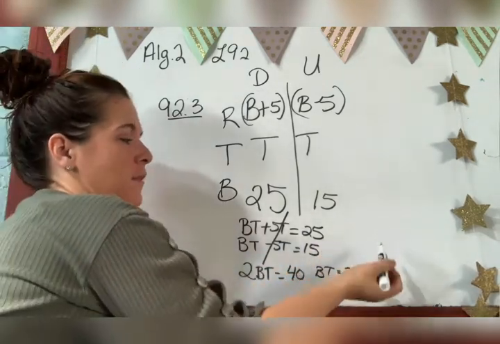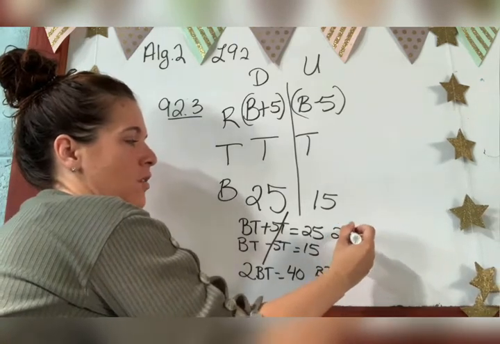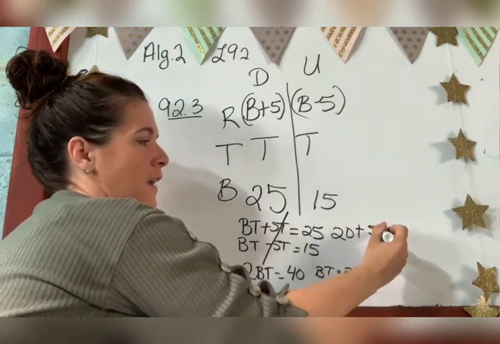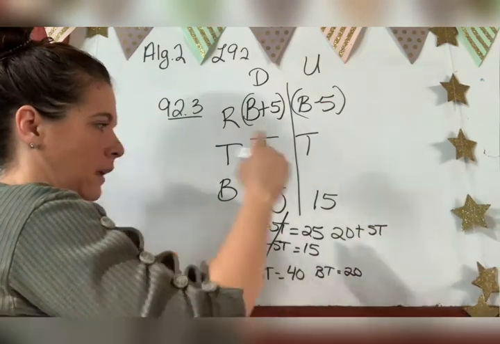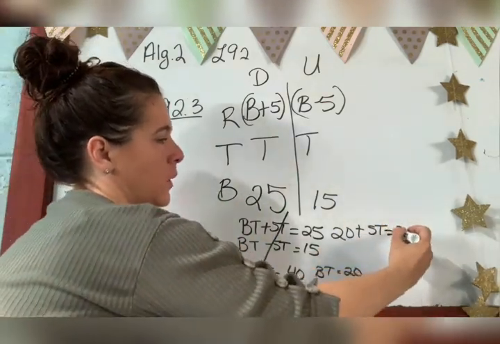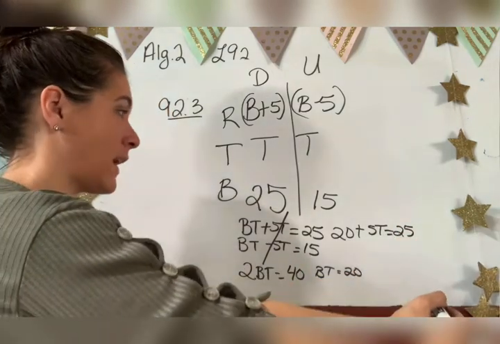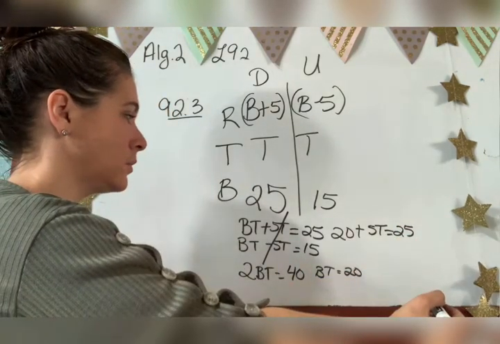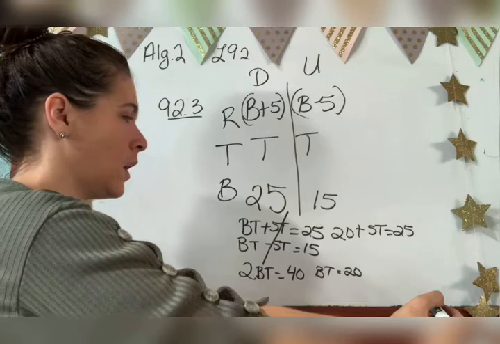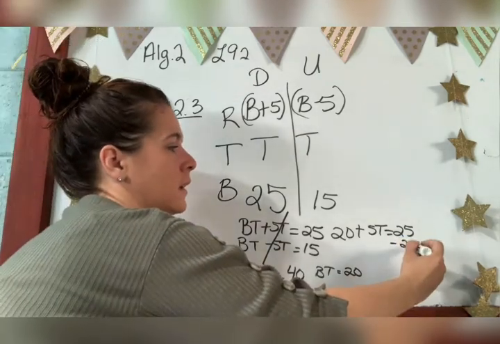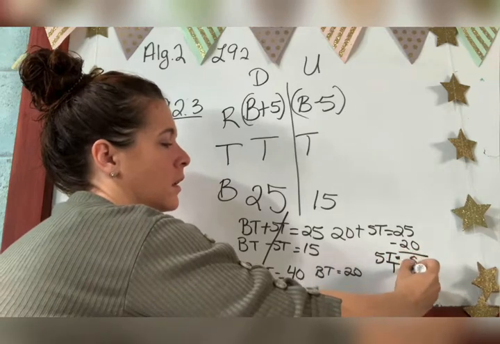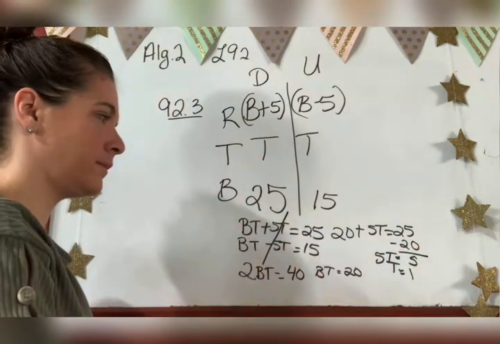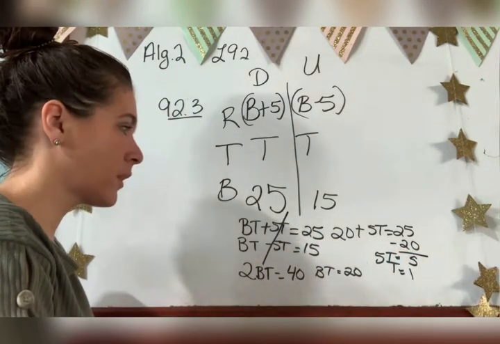So then we have, okay, let's plug in BT over here to get 20 plus 5T equals 25. So we can find T. So that's going to be, okay, T equals 1, right?